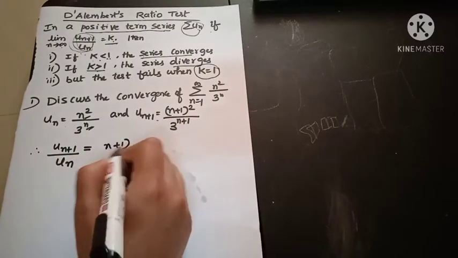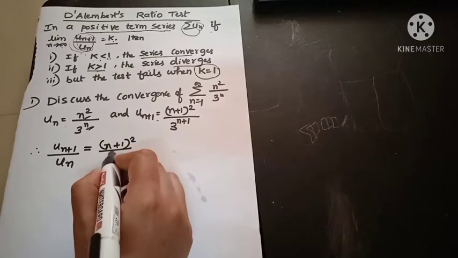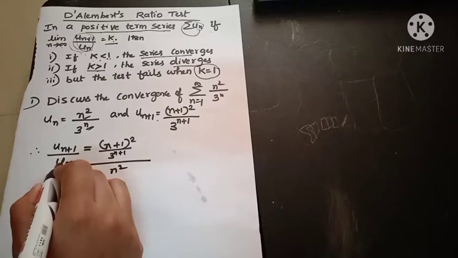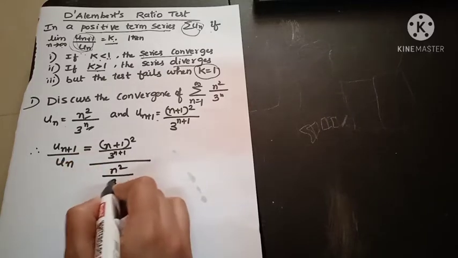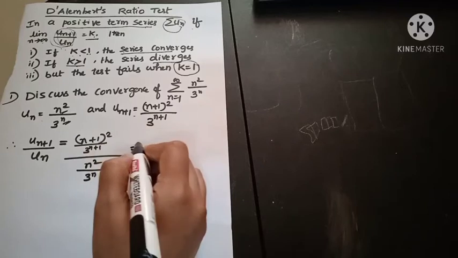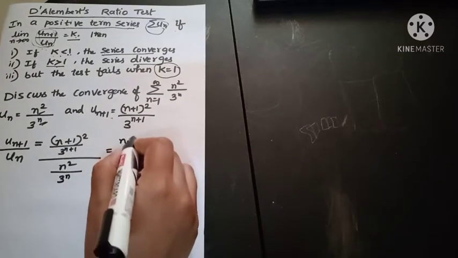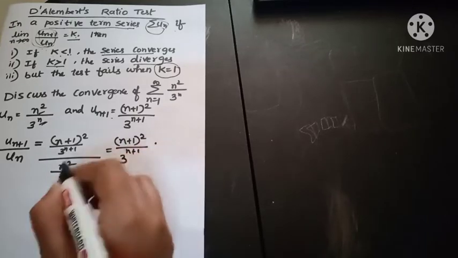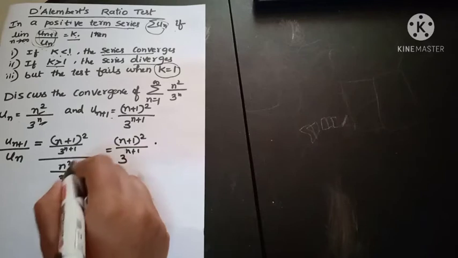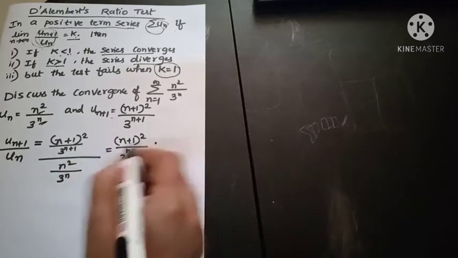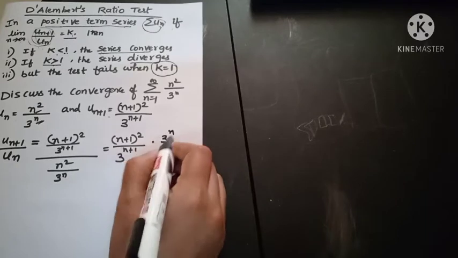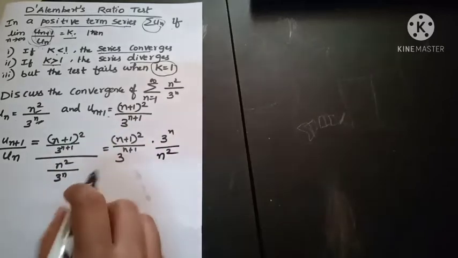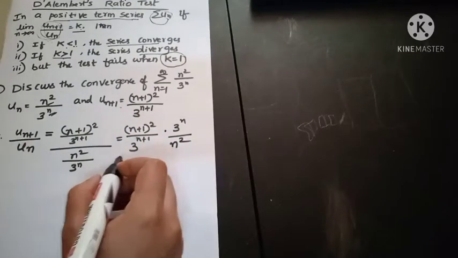The ratio will be (n plus 1) whole square divided by 3 to the power of n plus 1, divided by u(n), which is n square upon 3 to the power of n. If we take this to the denominator, it gets reversed: 3 to the power of n goes to the numerator and n square goes to the denominator.